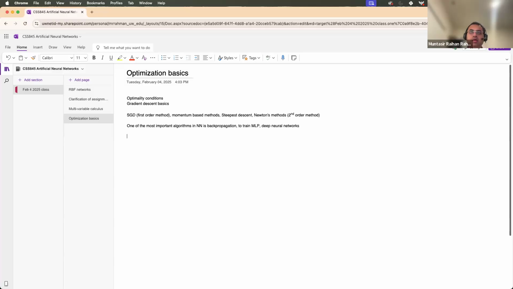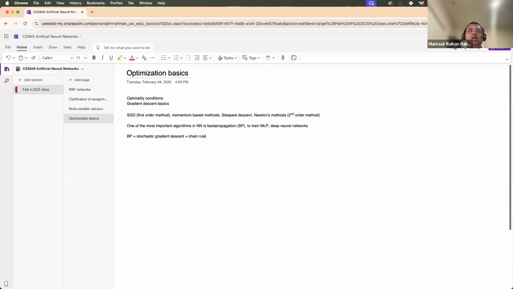And let's abbreviate this as BP. One statement I'll make is BP is basically stochastic gradient descent plus the chain rule from calculus, right?